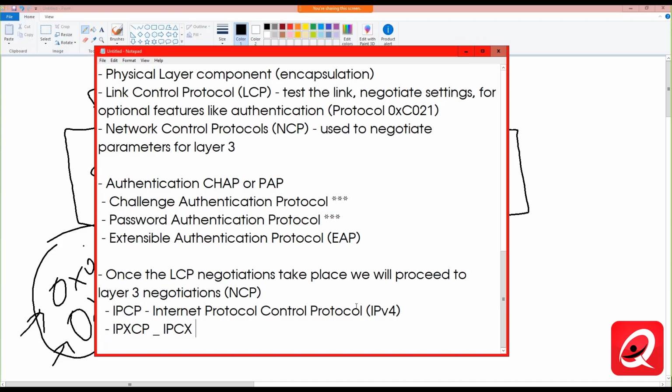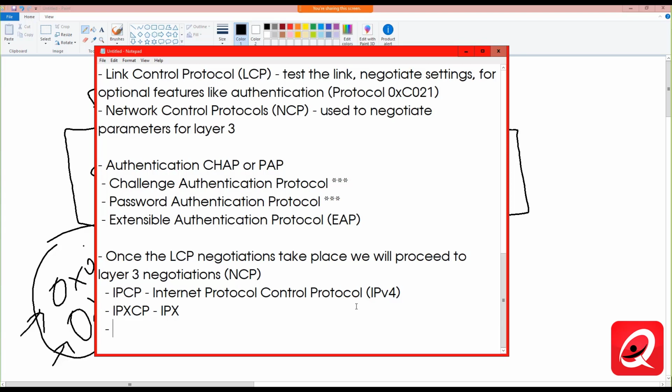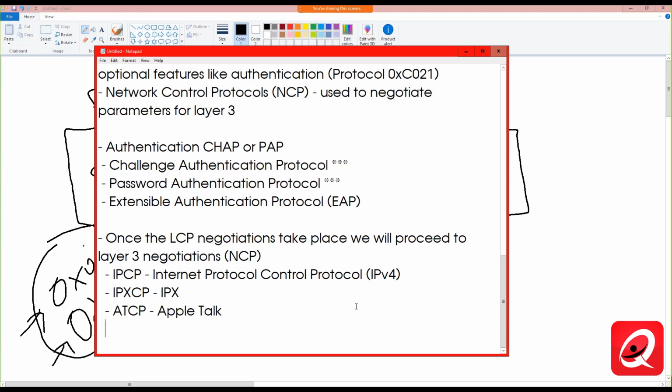That's for IPX. I'm not even going to write that down because we don't really use that anymore. That was the Novell transport layer protocol. Or you might see something like ATCP, which is AppleTalk. Again, probably won't see that, but you might actually see IPv6CP, which is IPv6 negotiation.